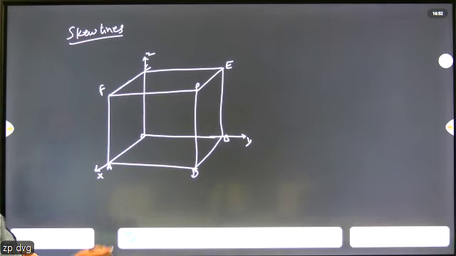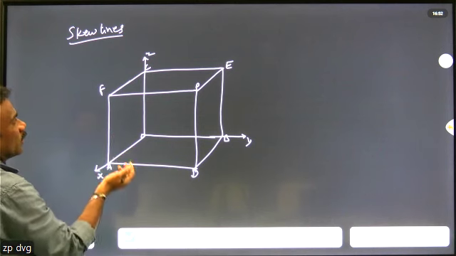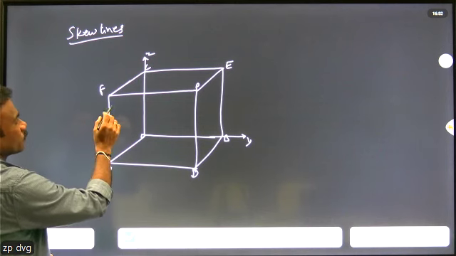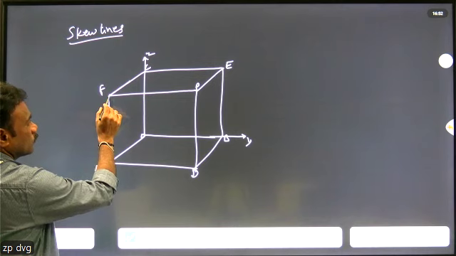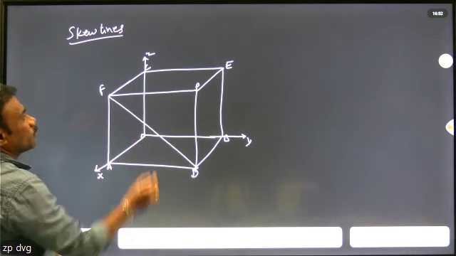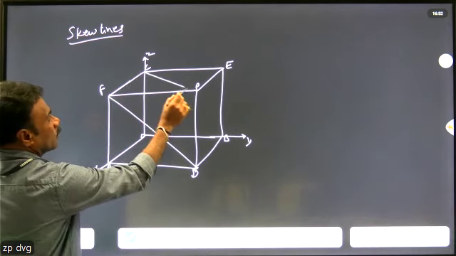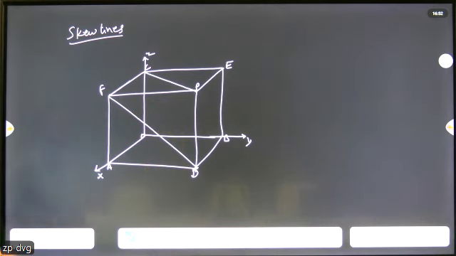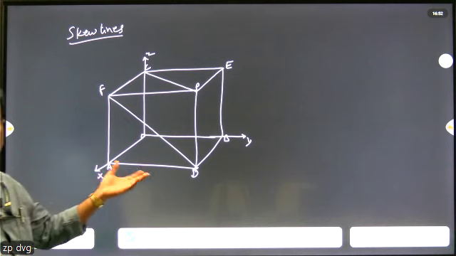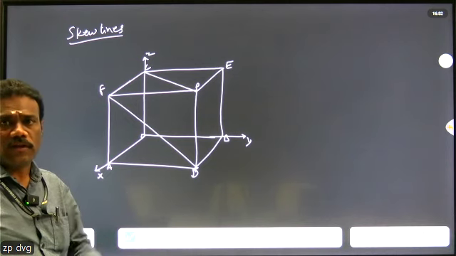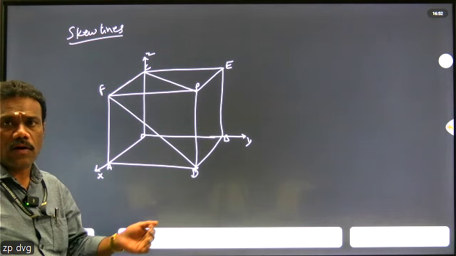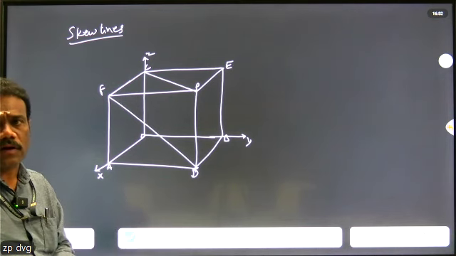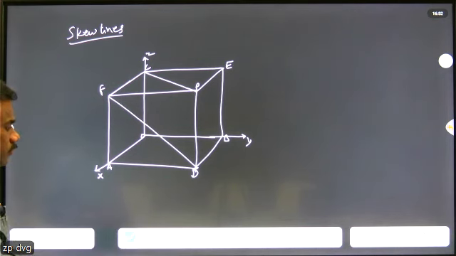Now, if I take these two lines, here these two lines are non-intersecting, non-parallel lines. So such type of lines are called skew lines. Two lines which are non-parallel, non-intersecting are called skew lines.